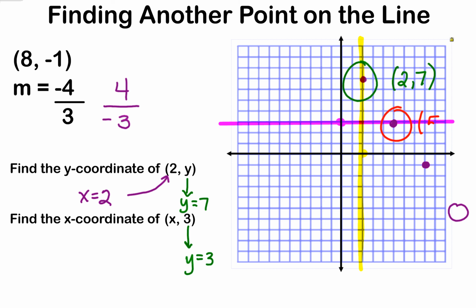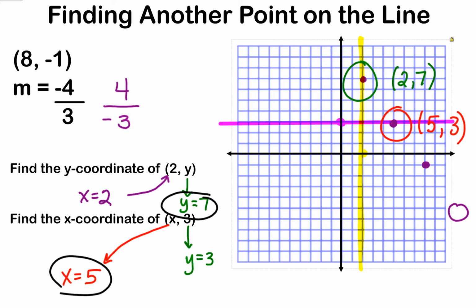That point is located at 5, 3. So my x value is 5. So I have my two answers, y equals 7 and x equals 5.